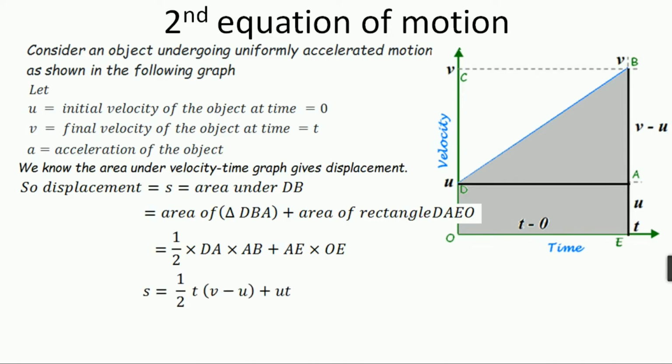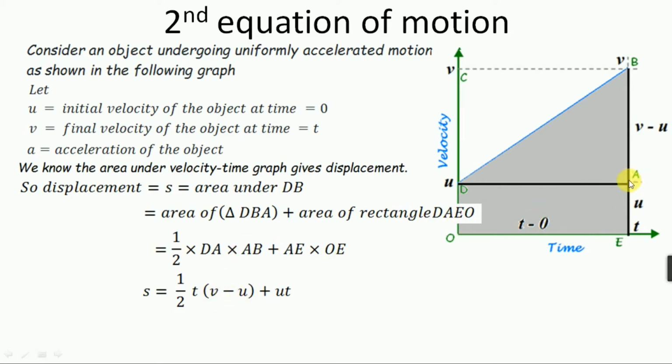Now we'll put the values. Half into DA, which is time, into AB, which is this distance. This distance is final velocity minus initial velocity, V minus U. So I'm writing V minus U instead of AB.